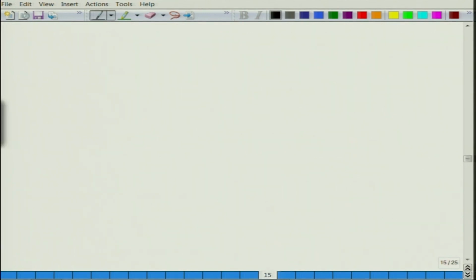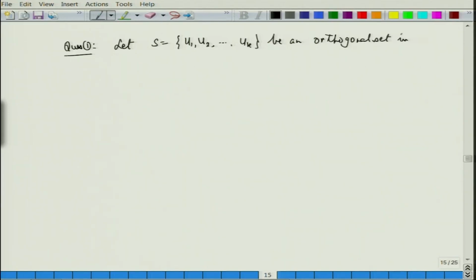So question 1: let S equal to U1, U2, up to UK be an orthogonal set in an inner product space. Then S is linearly independent.